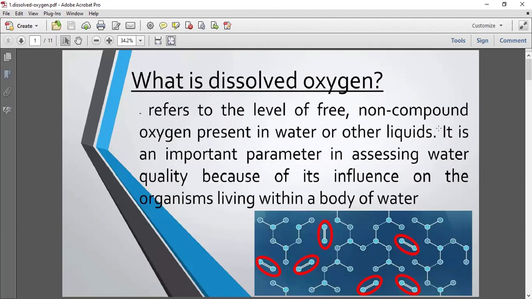I will show some clips to understand how to do the jar test and flocculation test. So this is one of the important terms: what is dissolved oxygen?